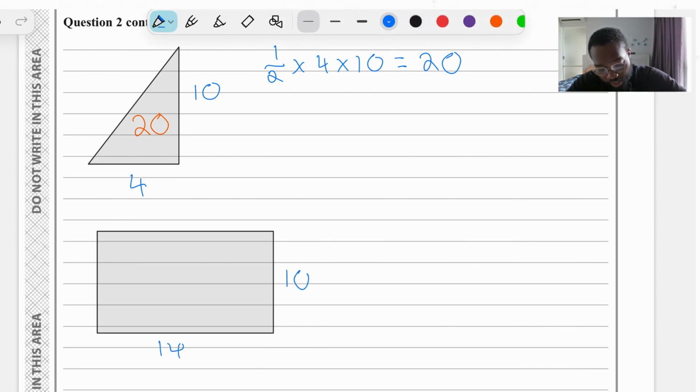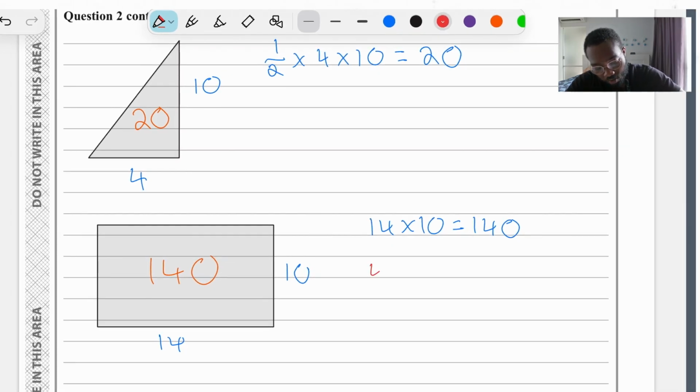Area of a rectangle is 14 times 10, that's equal to 140. Then we just add them up together: 140 plus 20, and that will give us 160 meters. So we know that the distance in the first 18 seconds is 160 meters.